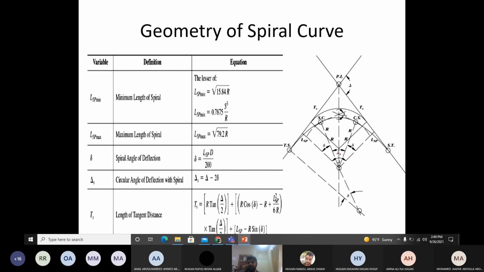So total delta minus these two small deltas will give you delta S.